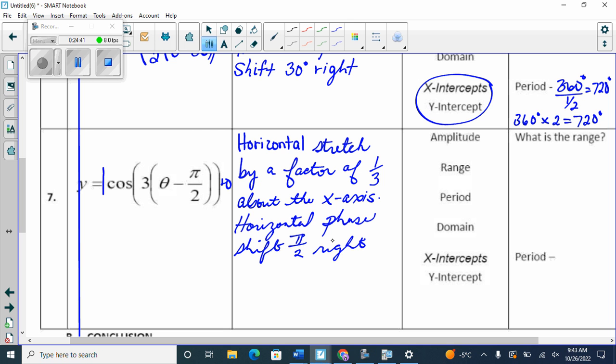That's a disaster. That's fine. Amplitude change? No. Range? No. Period? Yes. Domain? No. X and Y intercepts? He's just going by 9 and 10.